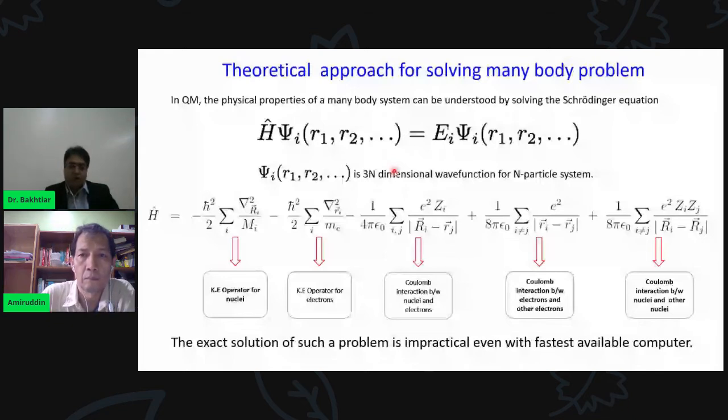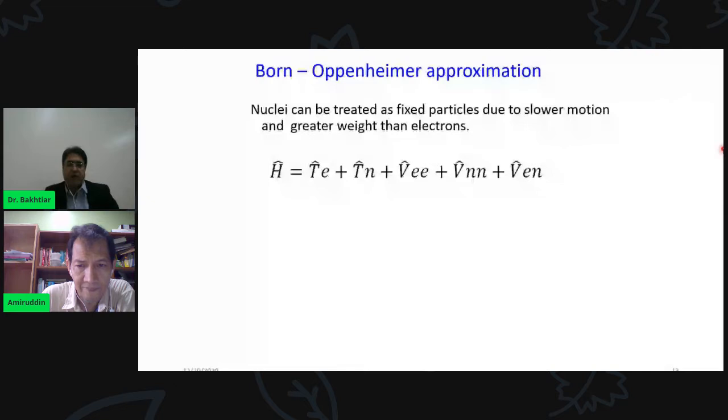The first level of approximation used in DFT was proposed by Born-Oppenheimer. Born-Oppenheimer proposed that the nuclei can be treated as fixed particles because they are very heavy compared to the electrons, and since they are very heavy, they move very slowly.